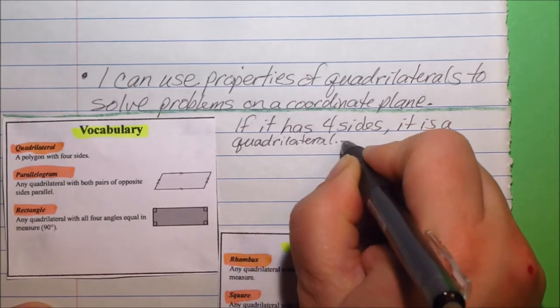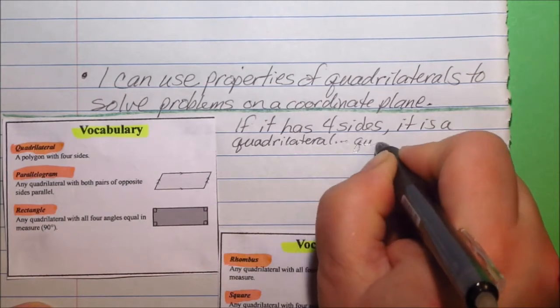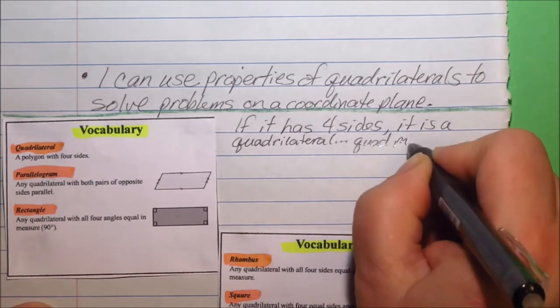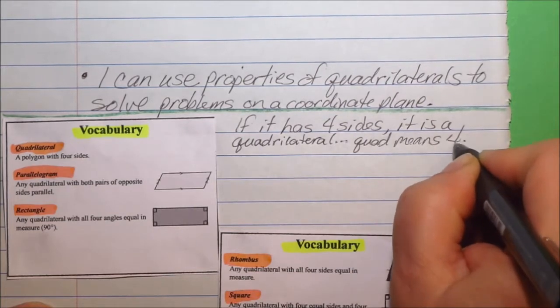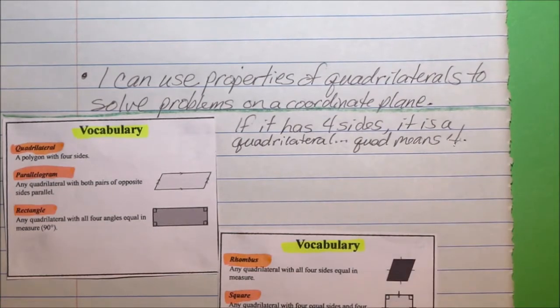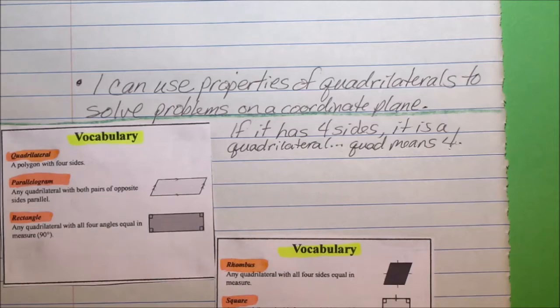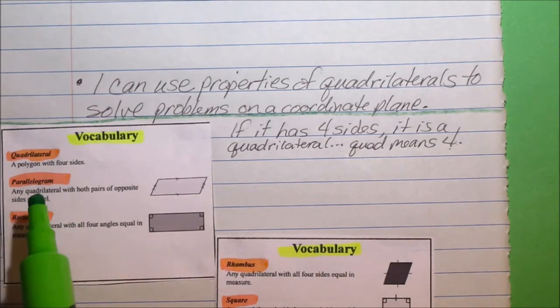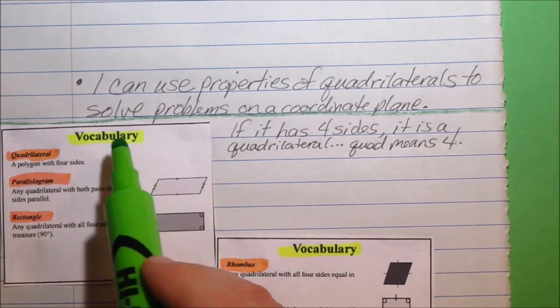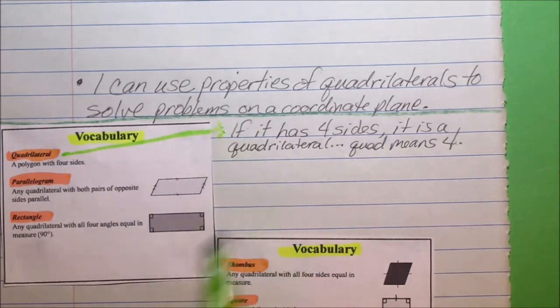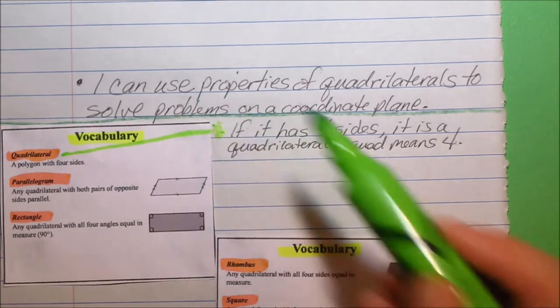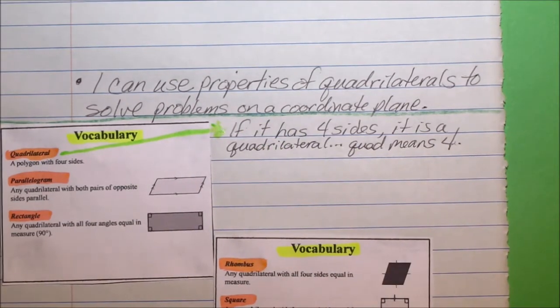Quad means 4. So that's what it says for quadrilateral: it's a polygon with 4 sides. So in simple terms, if it's a closed figure with 4 sides, it is a quadrilateral.